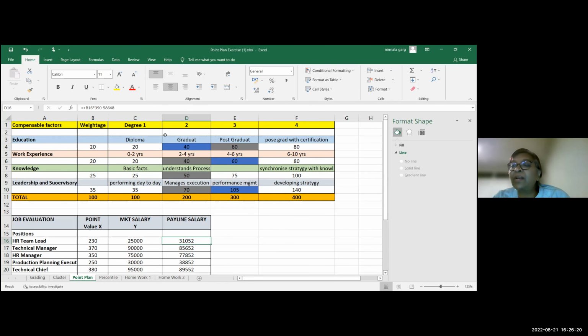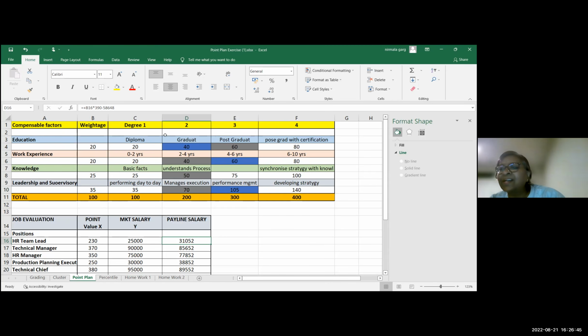No, they are not the same as grade. In point plan, degree of differentiation means the degree of differentiation of this compensable factor which is required across different jobs. For example, education: a lower degree for lower jobs or a higher degree for higher jobs.